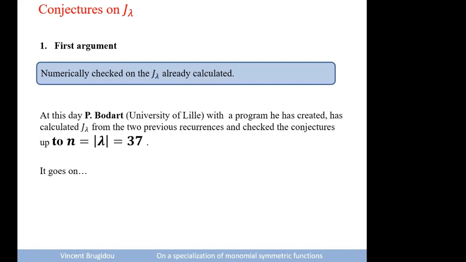Three arguments led us to state the conjectures. First argument is that they are checked for all lambda, J lambda already calculated. My colleague Philippe Bodard checked the conjectures up to n equal to 37.